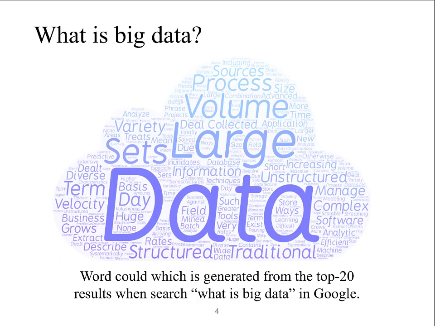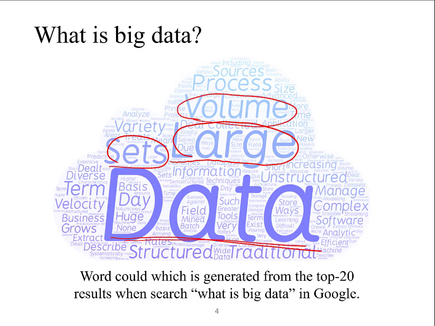And I have already eliminated the stop words to make it clearer. Here we can see large, sets, data, volume. These are the major characteristics about big data. So we're talking about a big set of data or a large volume of data.